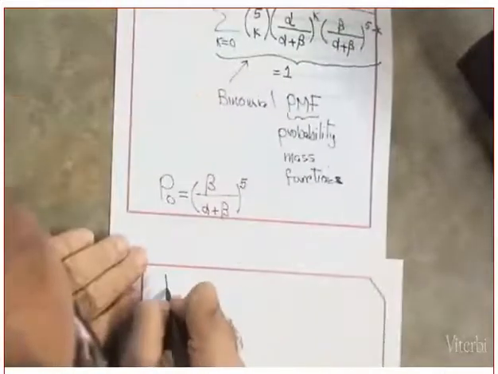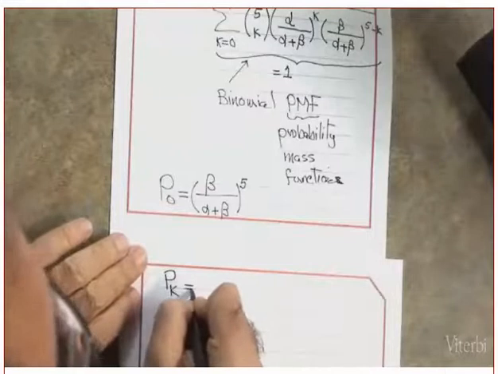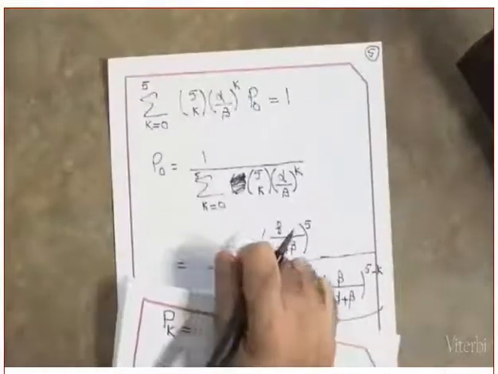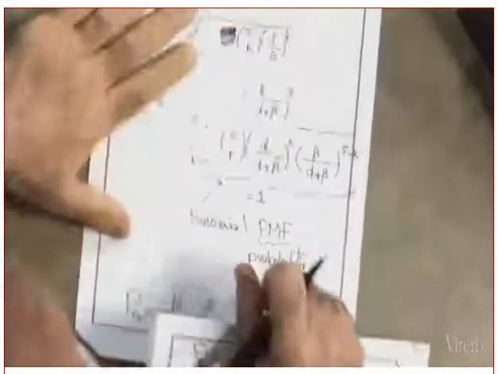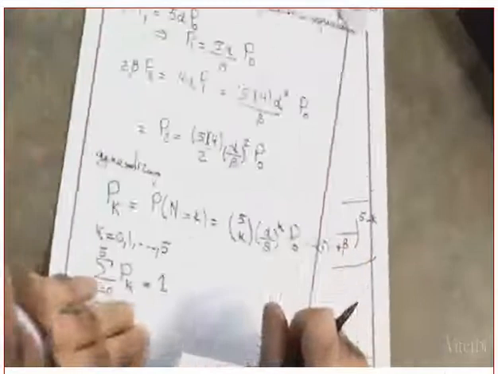So now, what do I have? I have P of K is equal to, where did I write it? Here. Okay.